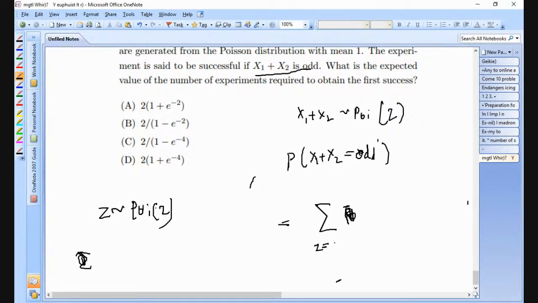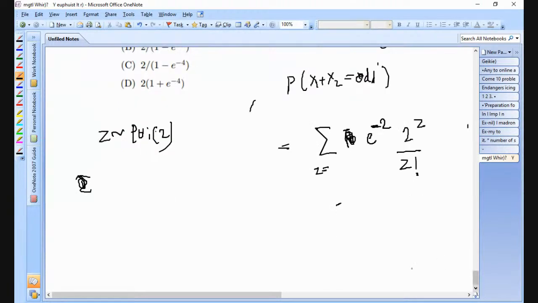So let's understand it. What is the Poisson form? It's e to the power minus lambda, 2 to the power z by z factorial, with z odd.